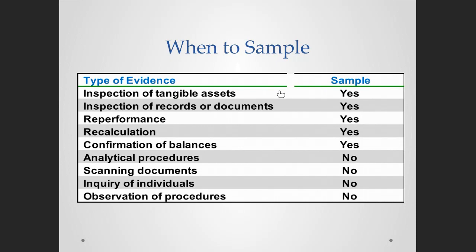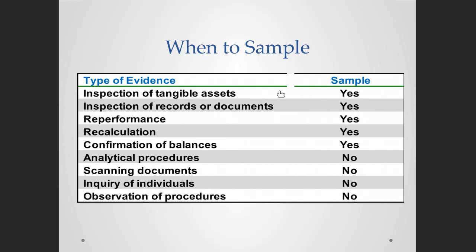We cannot inspect the quality or the quantity of every single one of them. So we take a sample and we look at the quality, and we recount the quantity, and then make our conclusion based on the sample. Exactly which assets we look at, we will discuss slowly.